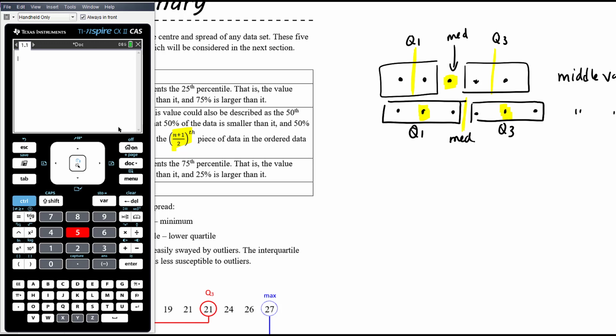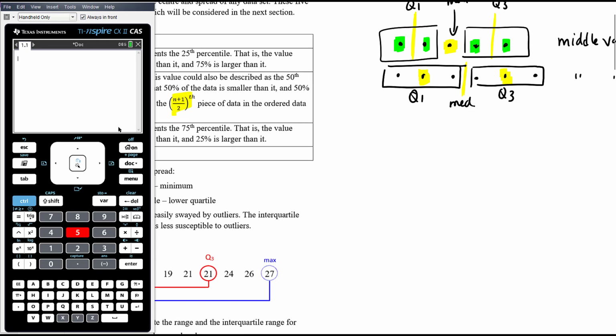What you should find is when you've divided your data using your quartiles, you should have the same number of pieces of data before, from the minimum to before the, so we've got 1 bit of data before the lower quartile, between the lower quartile and the median, there's 1 bit of data, between the median and the upper quartile, there's 1 bit of data, above the upper quartile, there's 1 bit of data. So we have divided the data into 4 equally sized groups. Again here, 1 bit of data before Q1, 1 bit of data between Q1 and the median, 1 bit of data between the median and Q3, 1 bit of data.